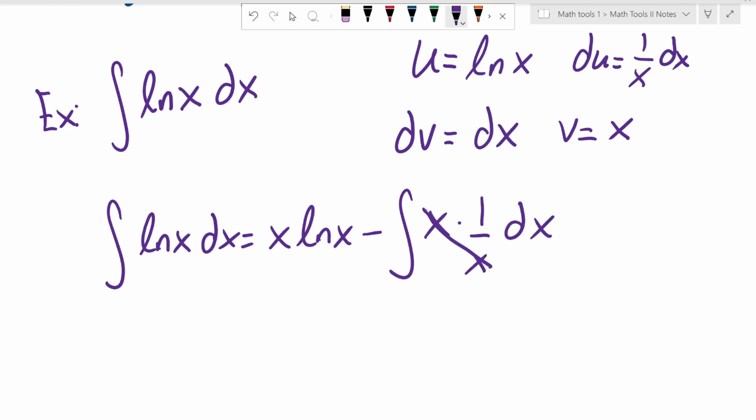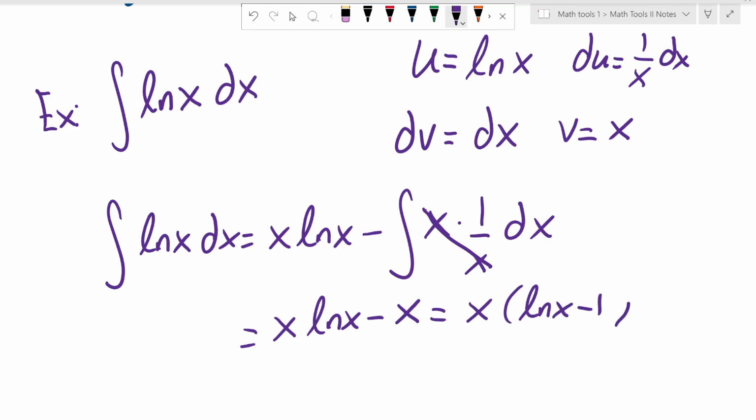Now we just have the integral of 1, which we just saw is x. So overall, this is going to be x natural log of x minus x. Sometimes you'll see this written as x times the quantity natural log of x minus 1, with the x factored out. Either way, this is how we would evaluate the natural log of x.